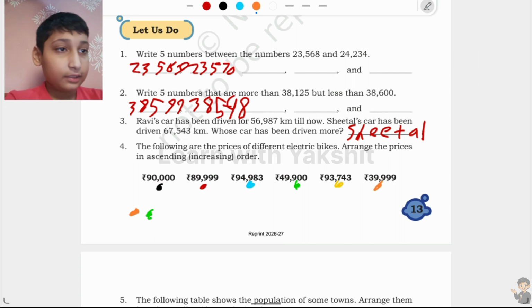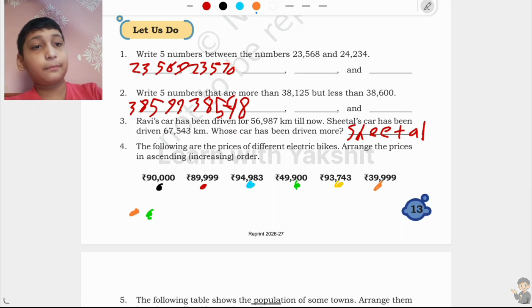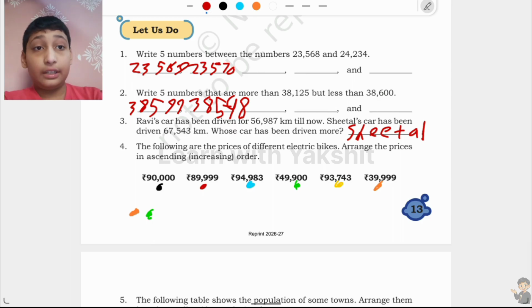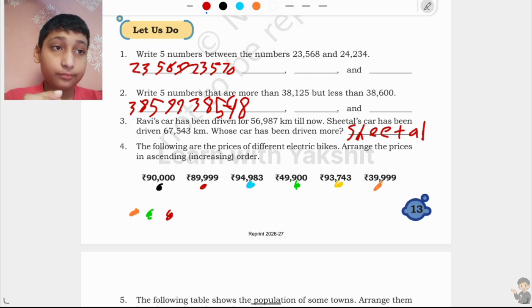I never noticed. Now the next one is this red one, which is almost 90,000, or 89,999. Then one step ahead of it is black.